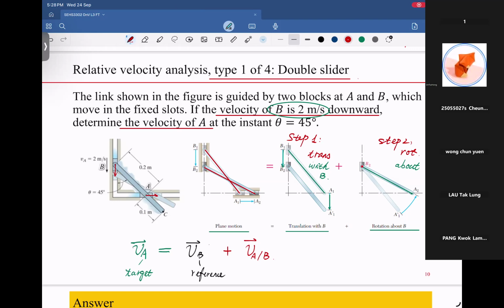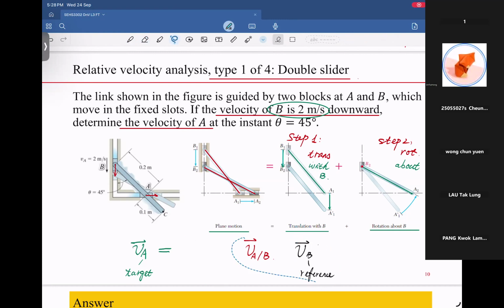To better remember this, it's easier for you to take it like this. We can do a swap.